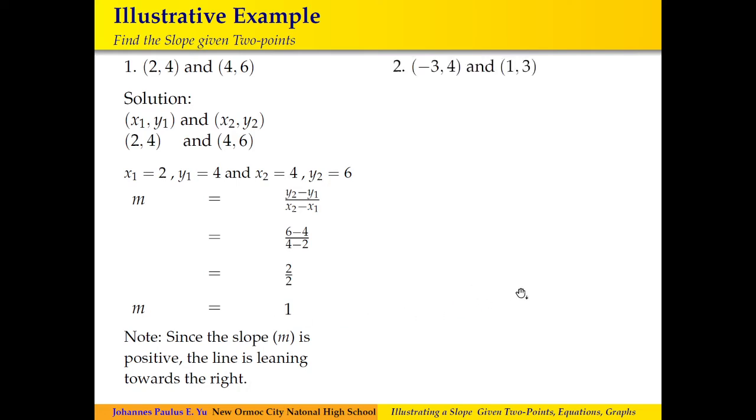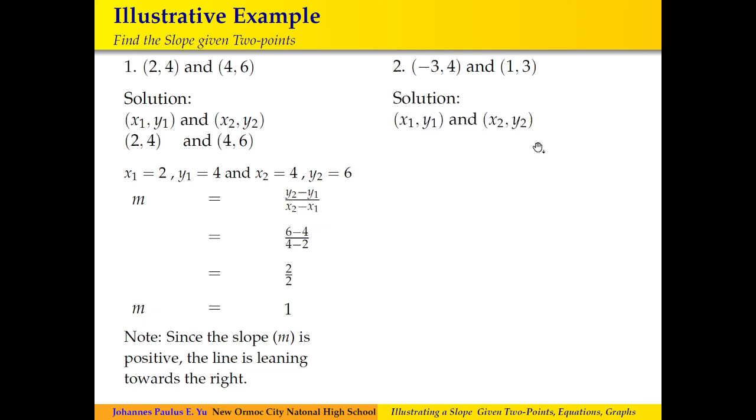Next example, we have negative 3, 4, which is found in quadrant 2, and 1 comma 3, which is found in quadrant 1. So for example number 1, these points or coordinates are found in quadrant 1. So why do we need to have this? Okay, just tag along.